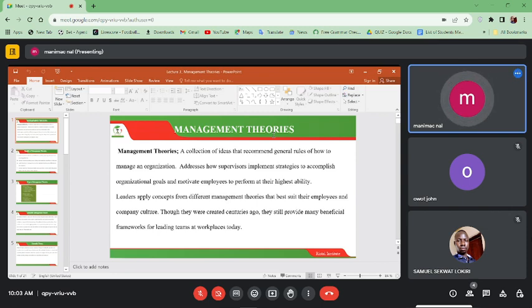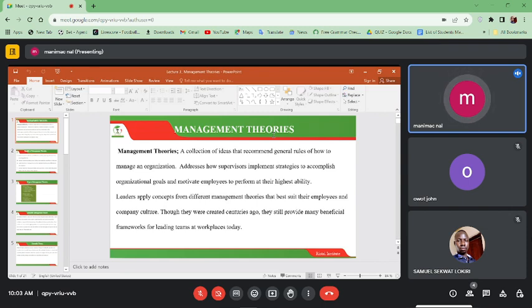Furthermore, when we look at management theories, they are a collection of ideas that we recommend, generally in terms of rules, on how to manage an organization, or how managers will use these theories to manage their organizations.